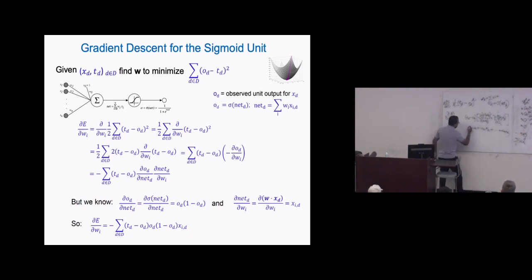We are taking a derivative with respect to, let's say, W3. What is the output? Sum of all the x? No, just x3, right? So others are 0. It's constant. So with respect to Wi, if I take the derivative, it's just xi. Is this clear?